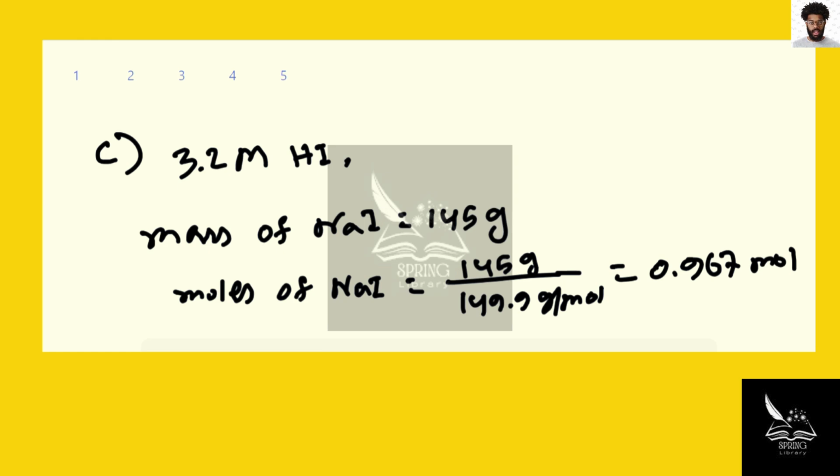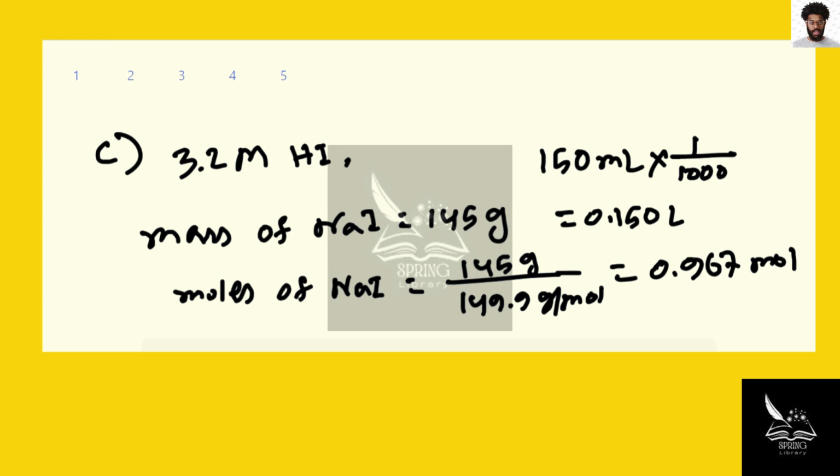Now we have to divide this number of moles by the volume of the solution, which is 150 milliliter. We have to convert this to liter because the concentration formula contains the volume in liter. So 150 milliliter times 1 by 1000 liter will give us 0.150 liter.